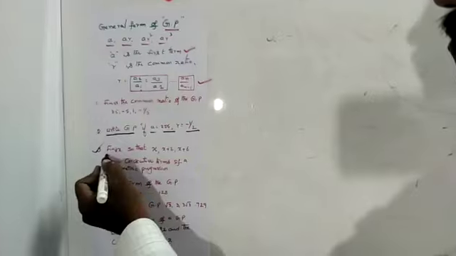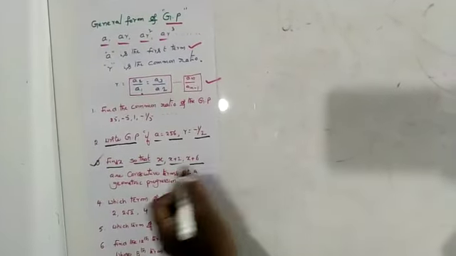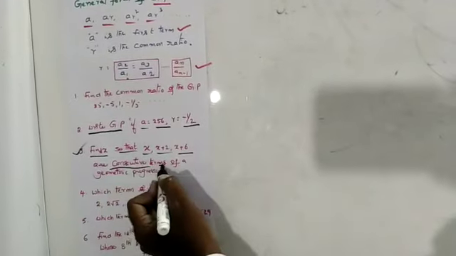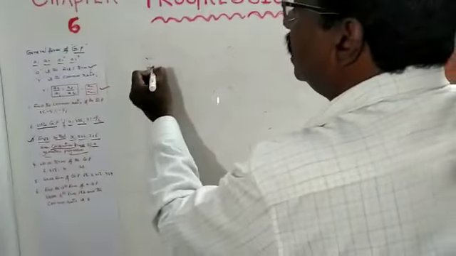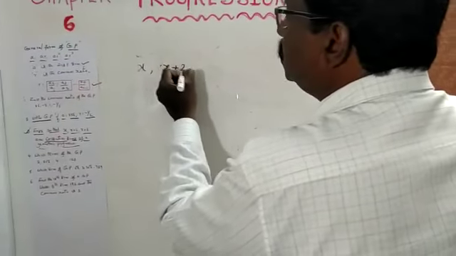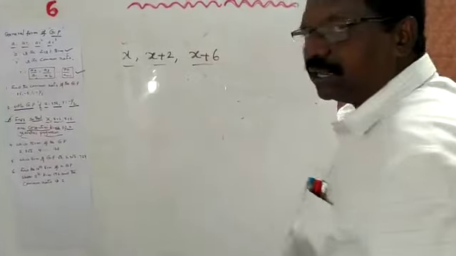Okay students, find x so that x, x plus 2, x plus 6 are consecutive terms of a geometric progression. So you write x, x plus 2, x plus 6. These three are consecutive terms of the geometric progression.